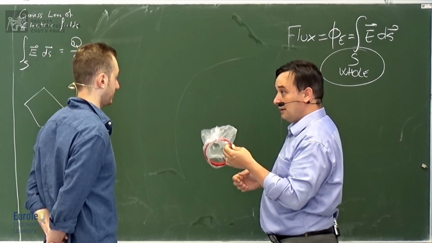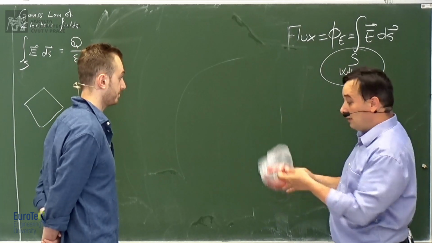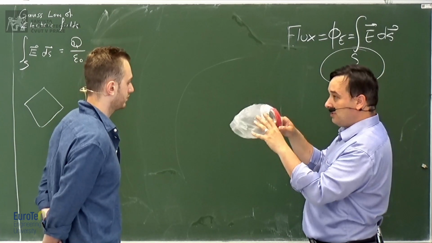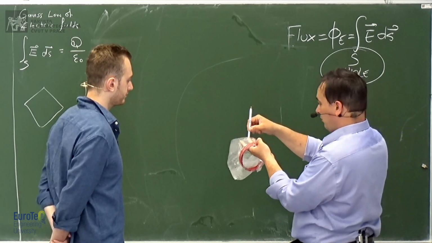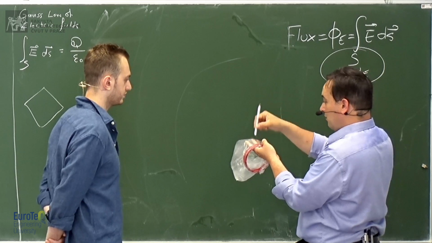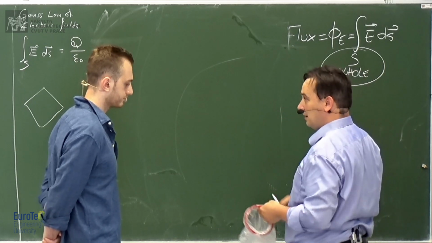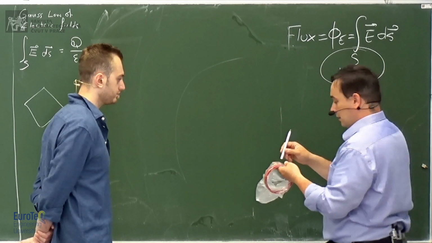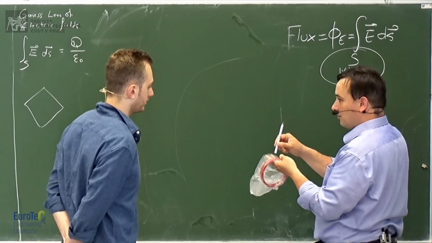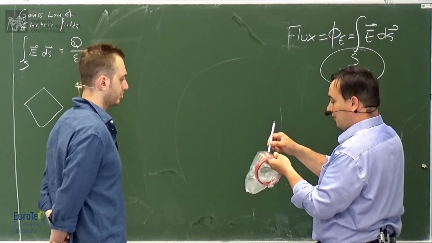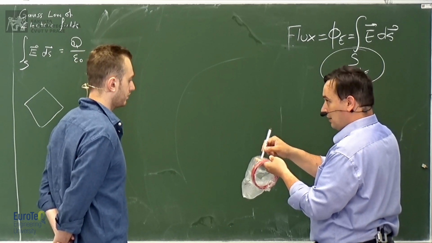Now, does the fact that this is not a closed surface change the way we compute the flux exiting the surface? Well, no. The flux itself is computed in the same way. You still have your vector orthogonal to the surface, and you compute for each point the dot product of the unit vector times the field.